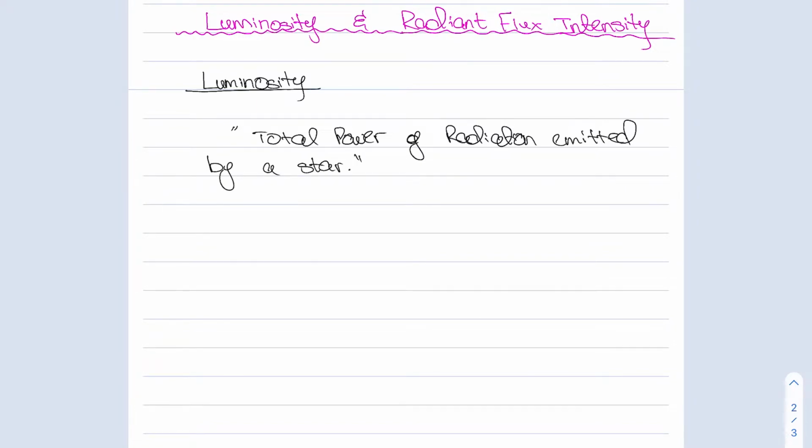So luminosity is basically power, but when we're talking specifically about stars, we use the word luminosity. We know the formula for power is power equals energy upon time. Hence, luminosity will have the same formula because luminosity is basically power. So luminosity equals energy upon time, right?